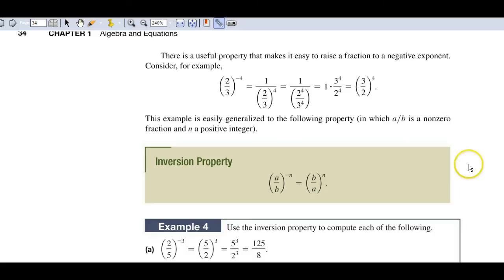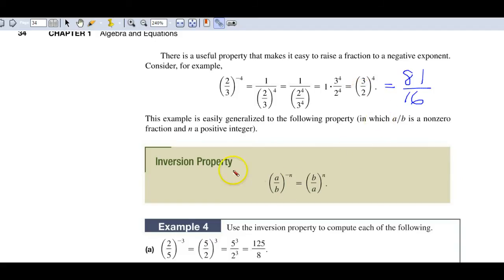If you simplify this, 3 to the 4th is 81. 2 to the 4th is 16. But you started off with this, and you flip it, and then it just becomes this, with a positive exponent, and then 3 to the 4th, 2 to the 4th.